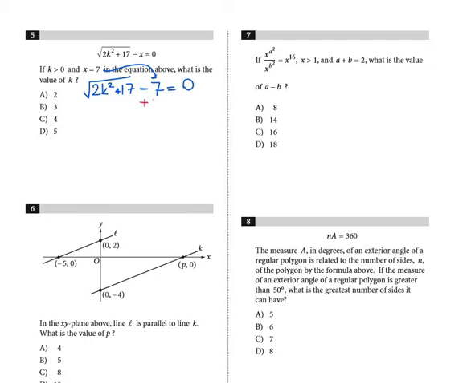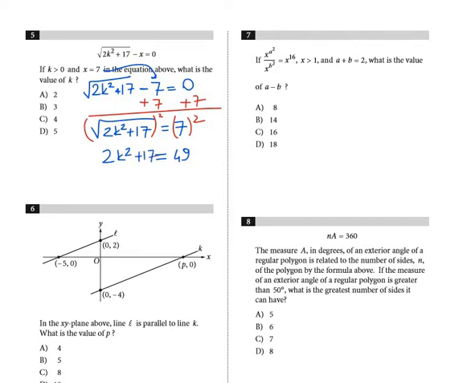Our first step is to add 7 on both sides. Then we obtain radical 2k squared plus 17 is equal to 7. Our next step is to square both sides, and we obtain 49 on the right-hand side. The radical cancels the square, so this is 2k squared plus 17.